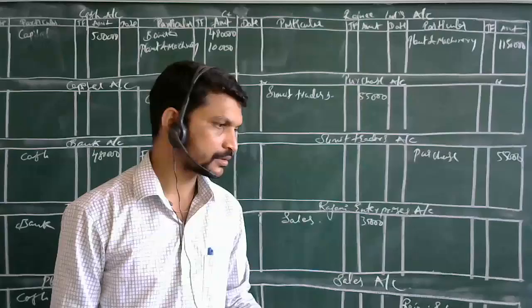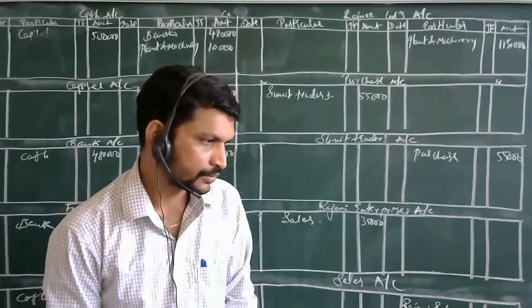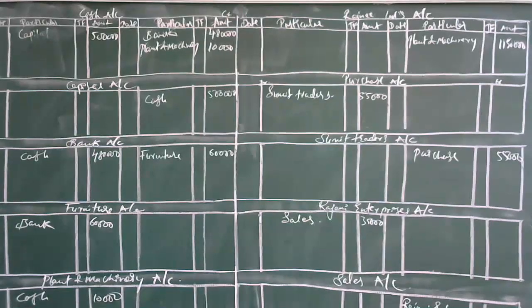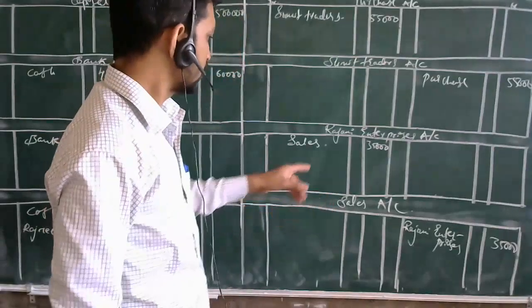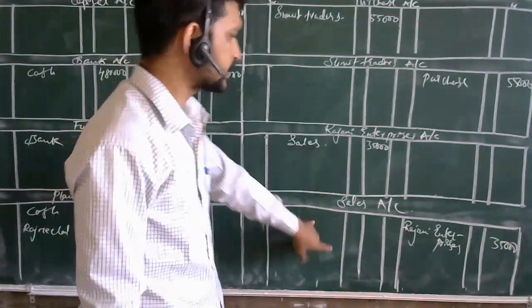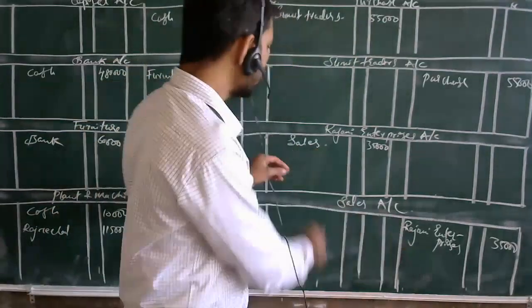What about the others? I can see that the sales account, you are unable to see the sales account. Okay. Yes, sir. Check it out. Here the last point that was given was Rajni account debit to sales account, right? So the Rajni account is debited here.